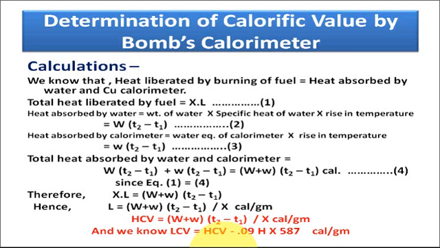Now how do we calculate the gross calorific value of this fuel sample? We know that the heat liberated by burning of the fuel is equal to the heat absorbed by the water and the copper calorimeter. So the total heat liberated by combustion of the fuel is equal to X multiplied by L. Why?